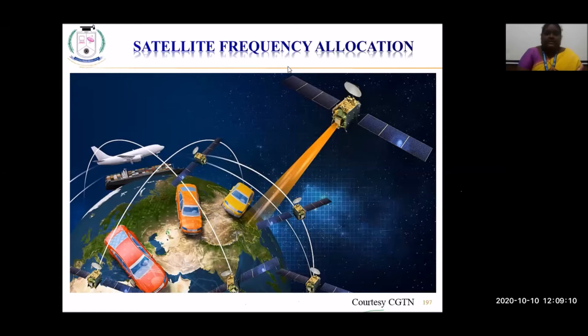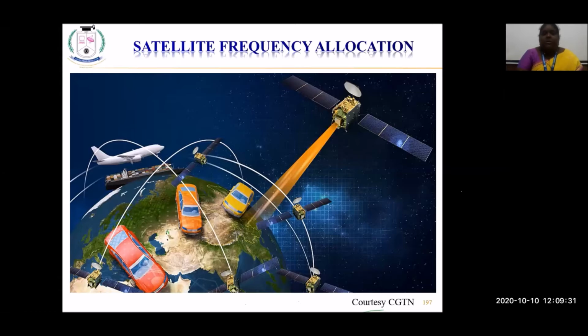So, the satellite frequency allocation. We have discussed that there is a transponder which accepts the signals from the transmitting earth station, amplifies them, and retransmits them to the earth station or the location where it is required.